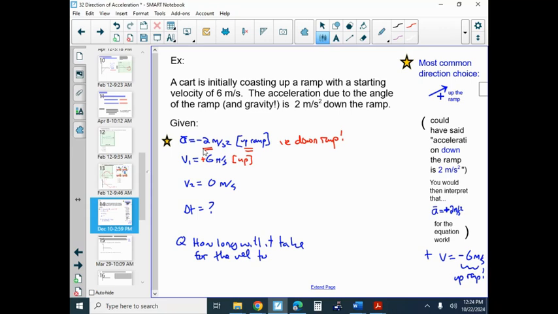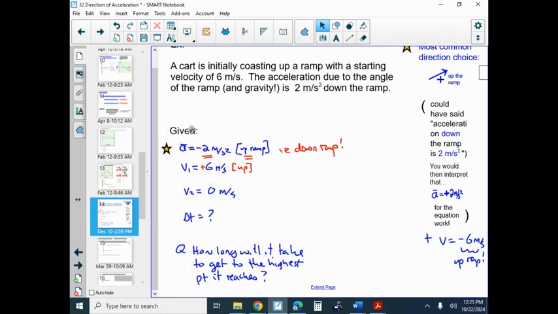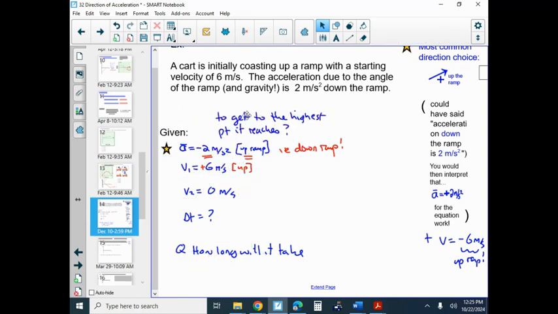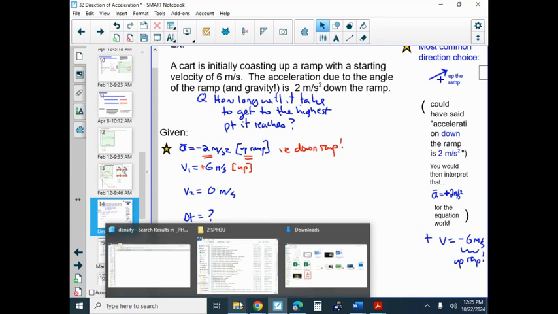Okay, how long will it take to come to a stop, to get to the highest point it reaches? So given this is a question, we can just do the question as well, right? Good practice.